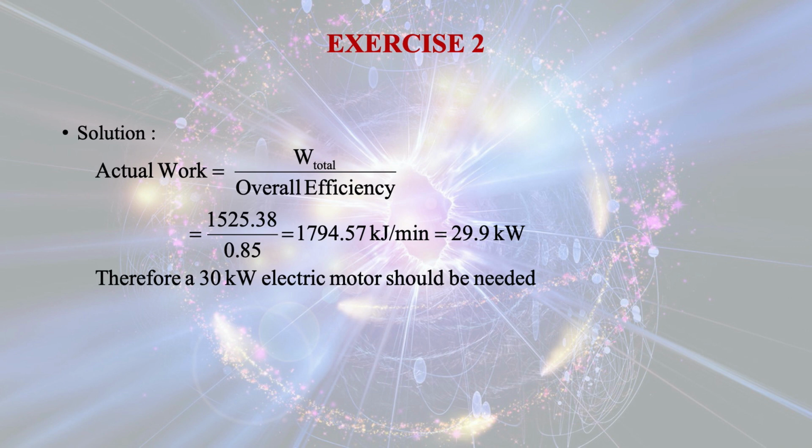If you want to convert to kilowatt, you have to divide by 60, and finally you will get the actual work is equal to 29.9 kilowatt. Therefore, a 30 kilowatt electric motor should be needed.